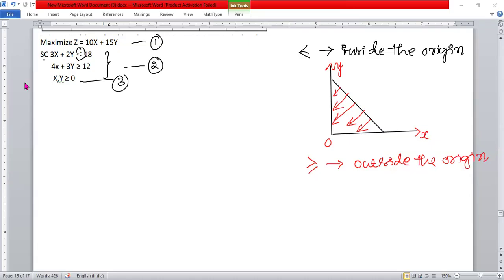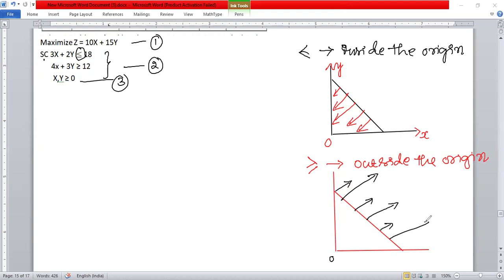For example, suppose the axis is like this. We are going to mark outside the horizon from this line. So this way.